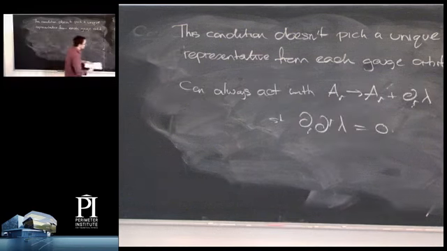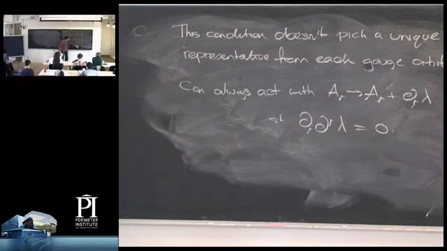And the reason is clear, that we can always act with another gauge transformation where lambda just satisfies d mu d mu lambda is 0. And there are solutions to that equation because we have signature 1 minus minus minus, so you can basically have traveling waves.